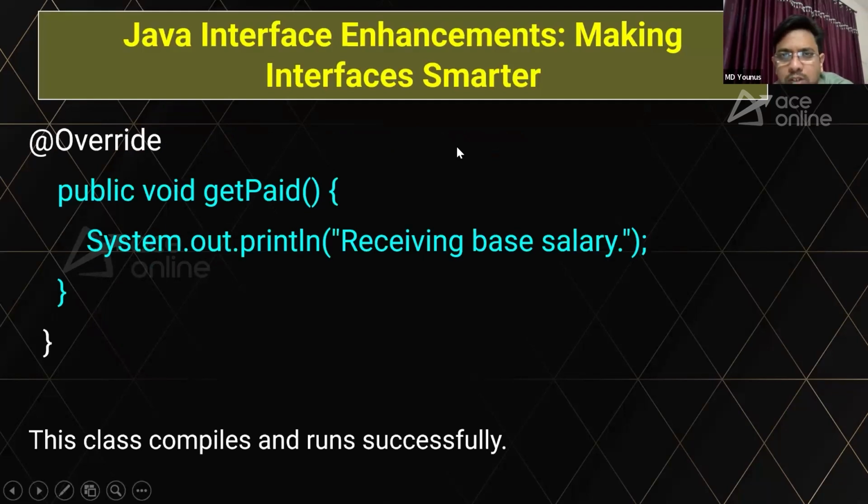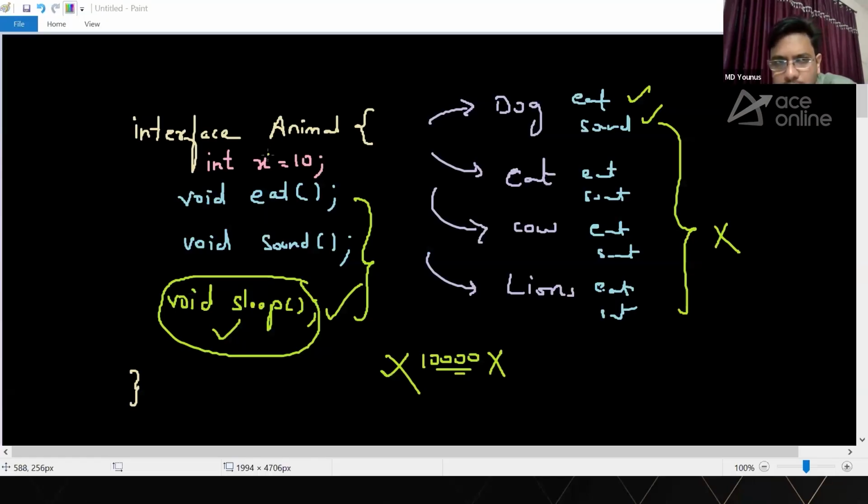We also had a similar example with the animal class. I told you, if you have an animal interface like this, we have methods like eat, sleep, sound, and all, and it has been implemented by many classes, let's say dog, cat, cow, lion. Let's say we have 10,000 classes implementing this animal interface, which has eat method and sound.